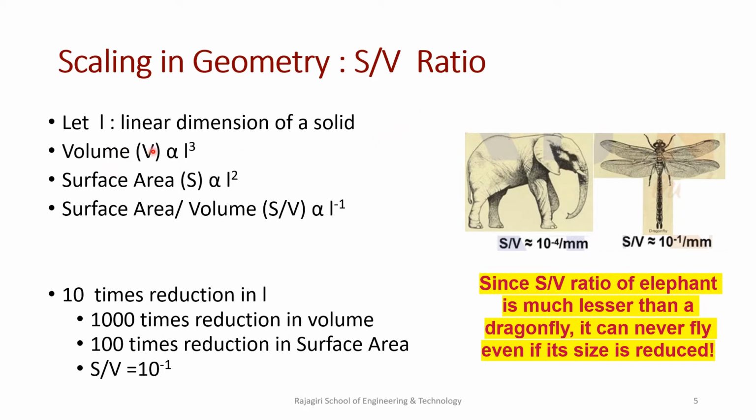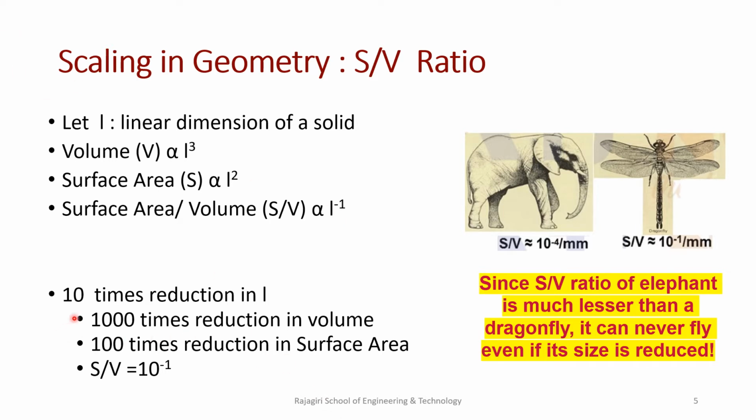Let the linear dimension of the solid be represented by small l. The volume of the solid V will be proportional to L cube, whereas the surface area S will be proportional to L square. So taking the surface area to volume ratio, L square by L cube, the S by V ratio will be proportional to L raised to minus 1.